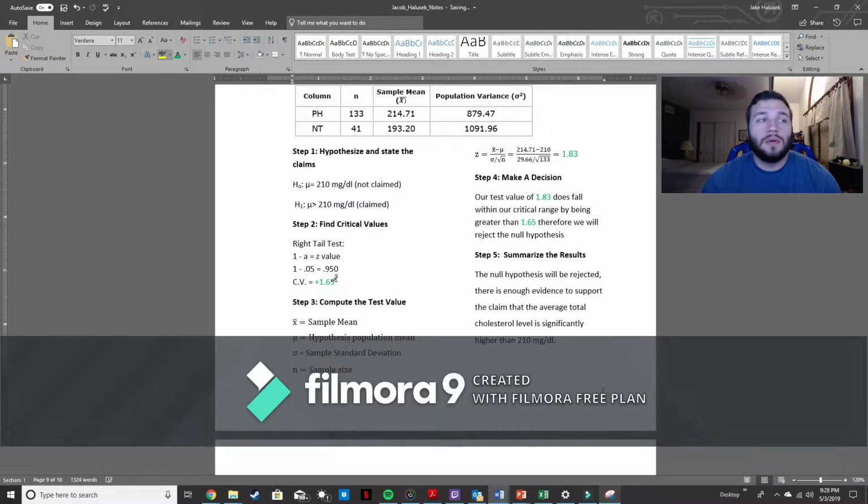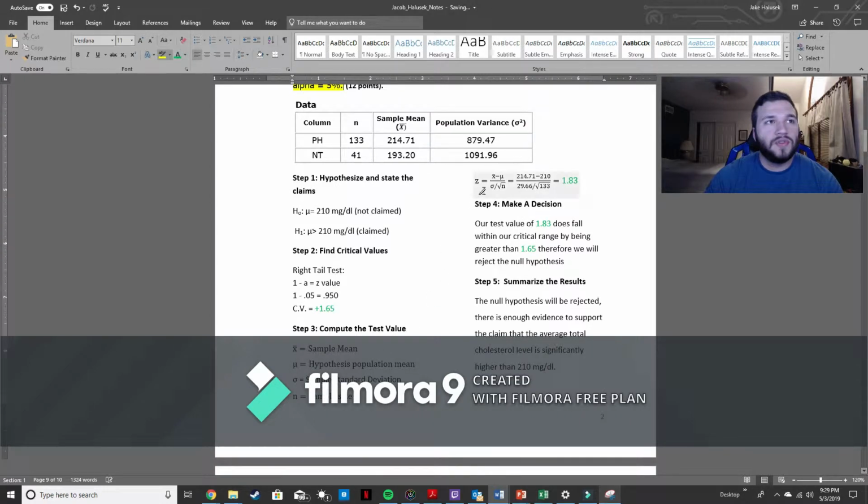Step 3, we are going to compute the test value. We know that x bar is our sample mean, mu is our hypothesized population mean, s is our sample standard deviation, and n is our sample size. We take all of our variables and plug them into our z-value formula right here.